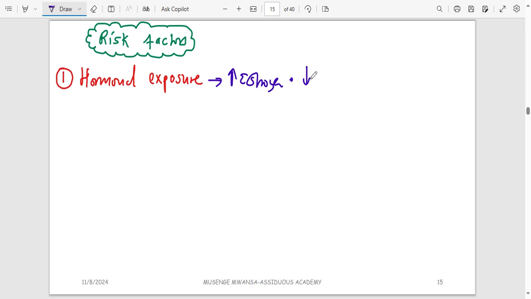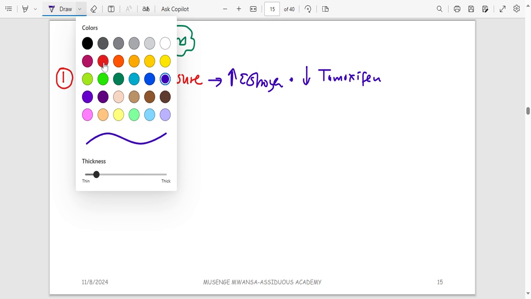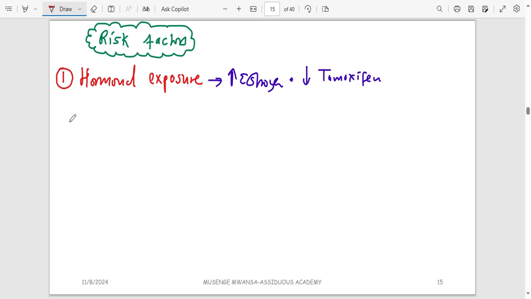What are the examples of those drugs? For example, tamoxifen. It's actually a drug that we also use for the treatment of breast cancer. This guy binds on the receptor where estrogen is supposed to bind, so it acts as an antagonist. You also have drugs that will prevent the production of estrogen. Those also will reduce the risk of getting breast cancer. So that is on the hormonal.